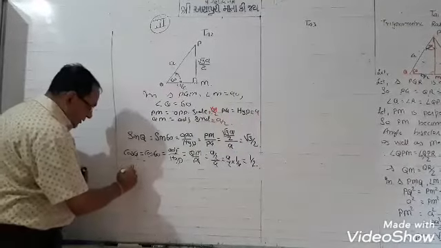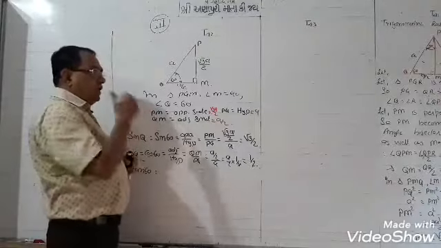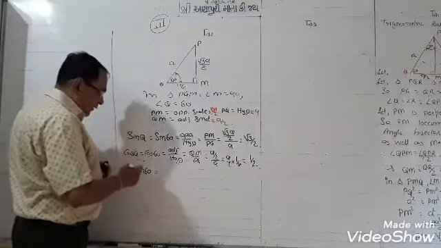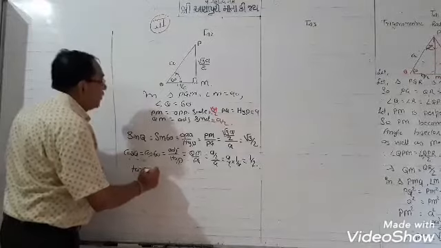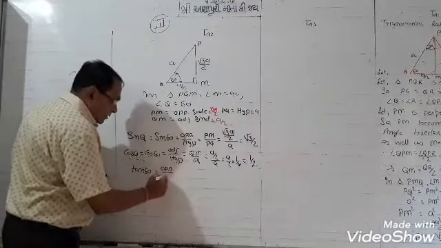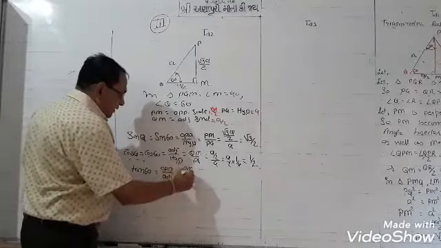Then tangent of 60. Tangent of 60 is equal to what? Tangent of 60 is equal to opposite upon adjacent side. Opposite side is equal to PM.